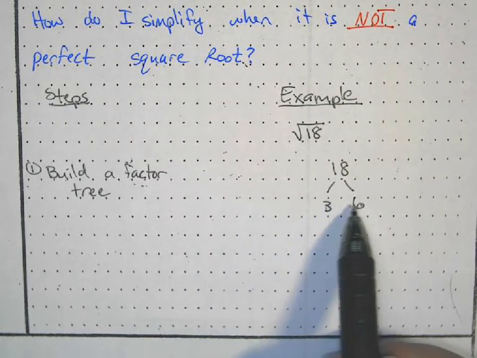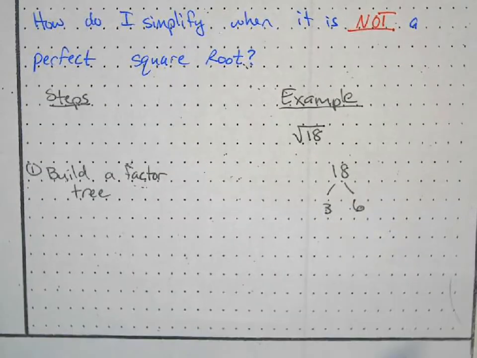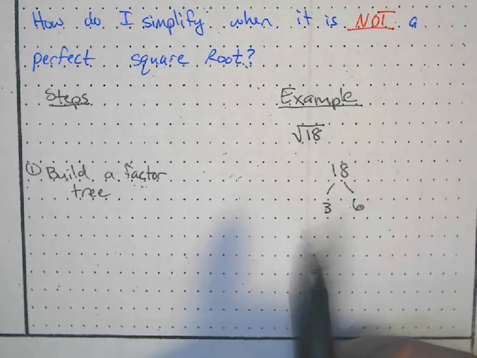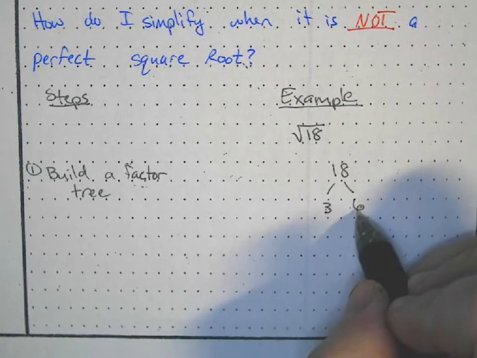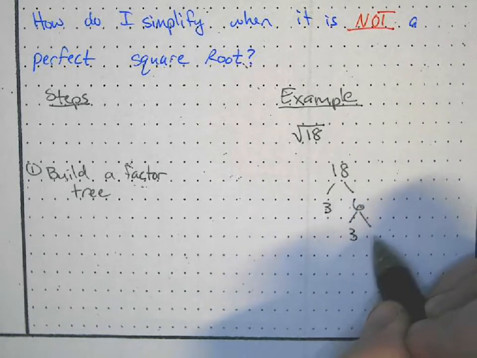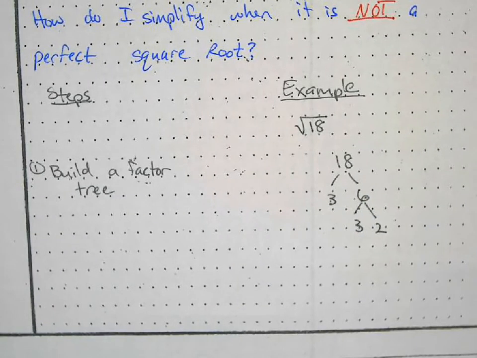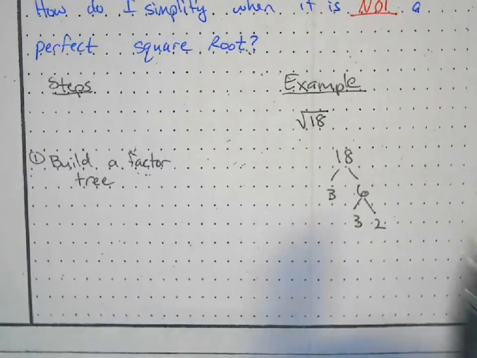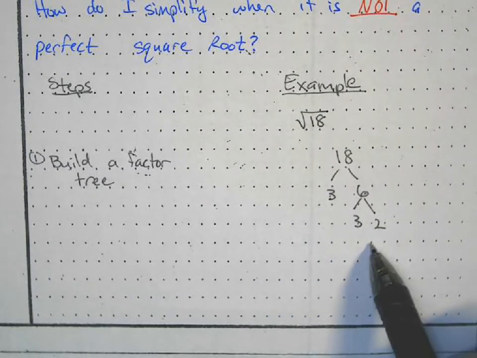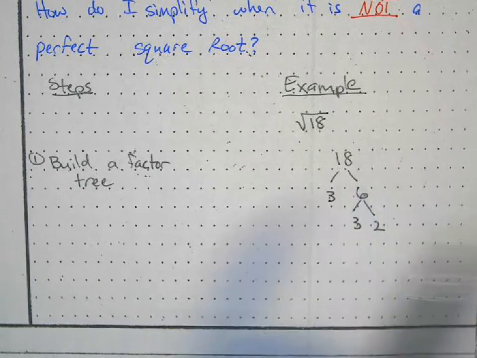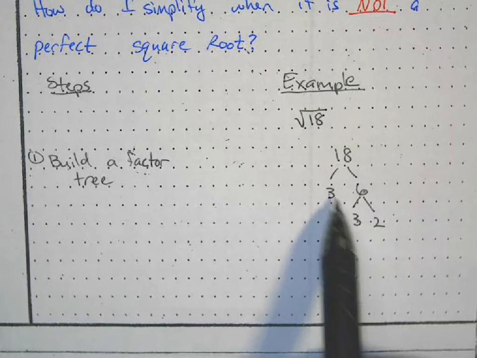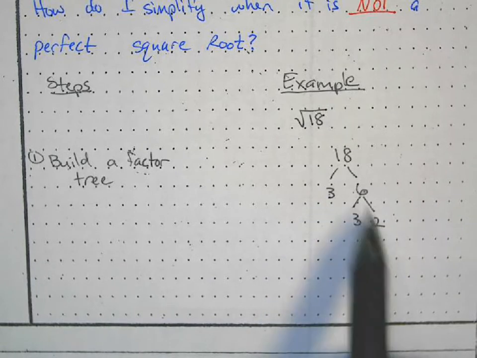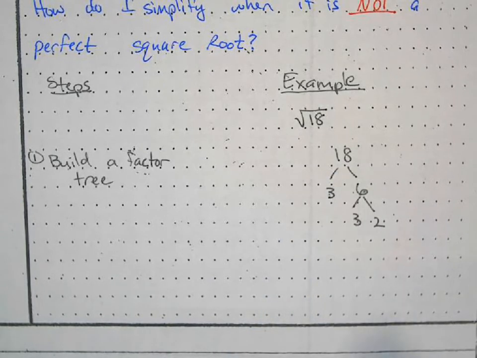I'm going to keep breaking down each number below it until I can't break them down anymore. 3 is only 1 and 3, so there's no value in that because it stays the same. But 6 can be broken down into 3 and 2. And we don't want to break down into 1 times 3 or 1 times 2. This is where we would stop. So my factors are 3 times 3 times 2, which equals 18. 3 times 3 is 9. 9 times 2 is 18. So we built a factor tree.